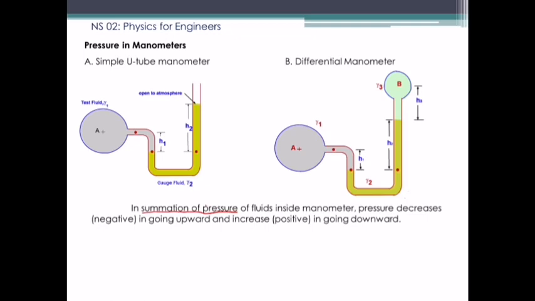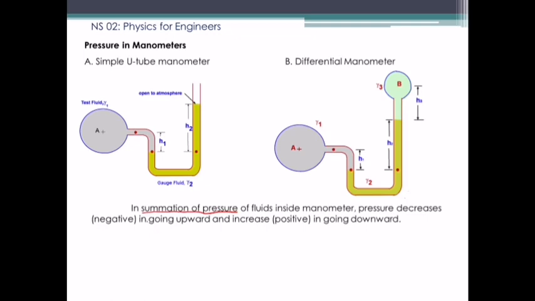So we simply follow this rule. If the elevation goes up, that is negative pressure, so negative rho GH, and if the elevation goes down, that is positive pressure, so positive rho GH, and then we equate it to 0.